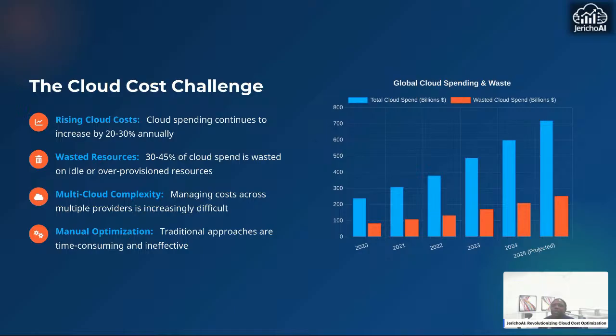And so cloud cost is a serious challenge. In fact, the reason cloud cost cannot be overemphasized is that it continues to grow. Cloud spend continues to increase by 20 to 30% annually, the reason being that a lot of data is now going to the cloud.